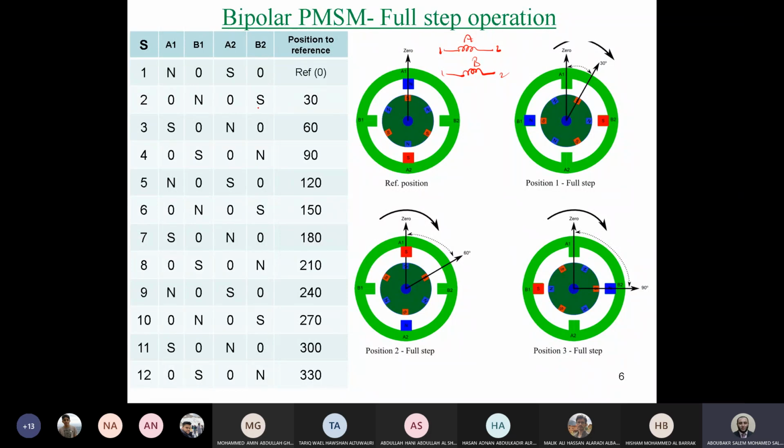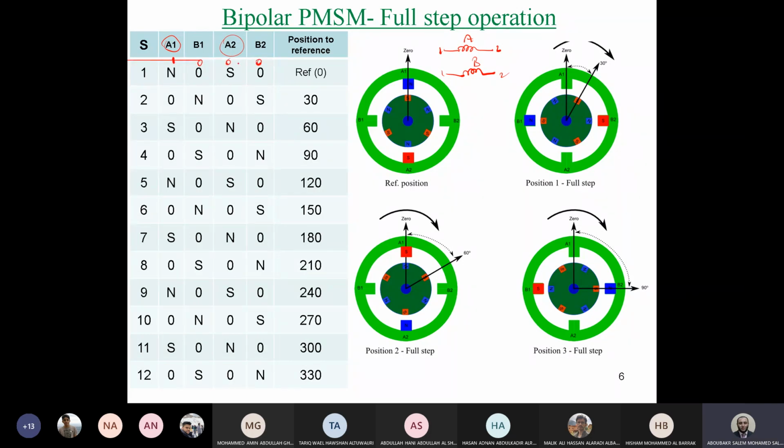For that, you will find coil number A, terminal 1 is energized as N, and the other terminal has to be S in this case. If you compare this sequence with the one in unipolar, you will find instead of N, there was 1, and others were 0.